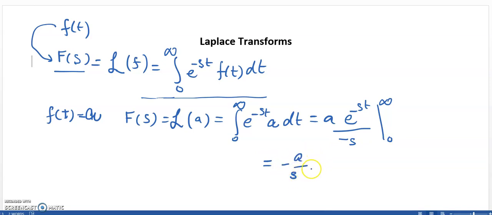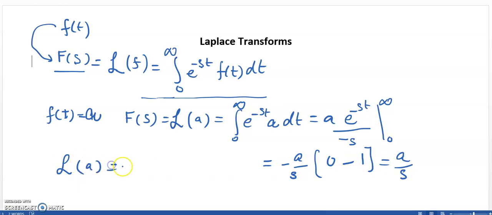For the limit at infinity, e power minus infinity is 0, and then e power 0 is 1. So we will get a over s. We can say that the Laplace transform of a is equal to a over s.